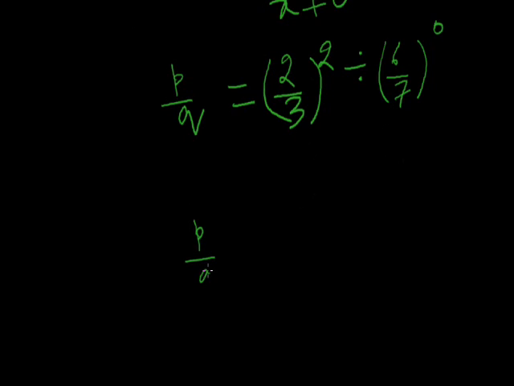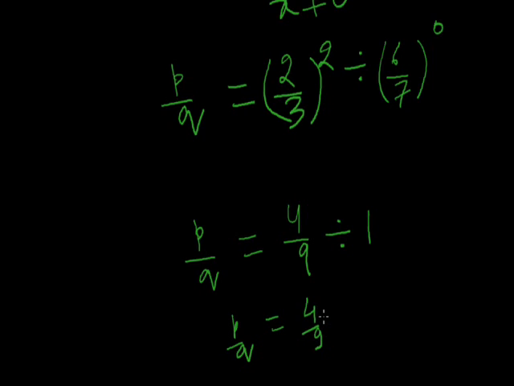So P divided by Q is equal to 4 upon 9 divided by 1, because anything raised to the power 0 is 1. This implies that P divided by Q is equal to 4 by 9.